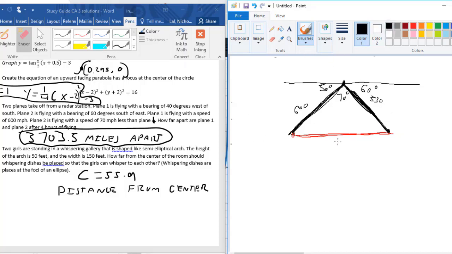Call this value x. x is equal to the square root of 600 squared plus 530 squared minus 2 times 600 times 530 times the cosine of 70.